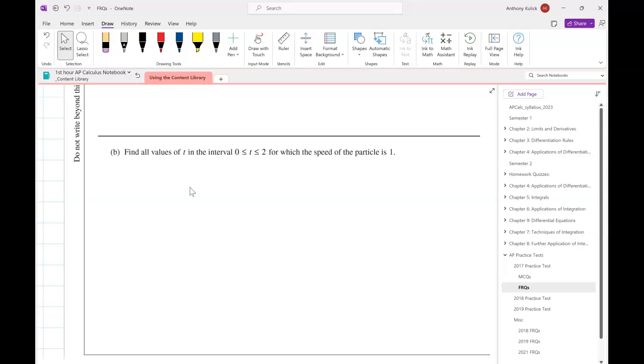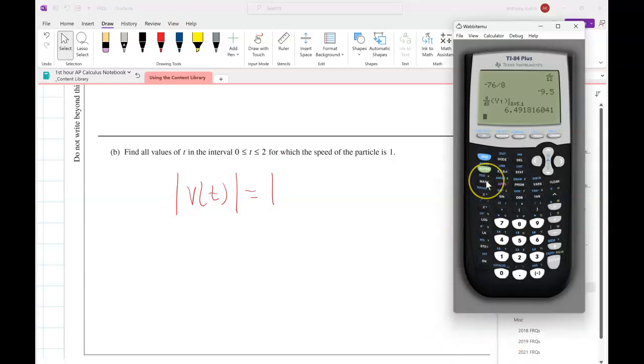If you're going 1 meter per second backwards, your velocity is -1, but your speed is still +1. So what do I want to find here? I want to find where the absolute value of the velocity is 1. What I've written down there is worth 1 point.